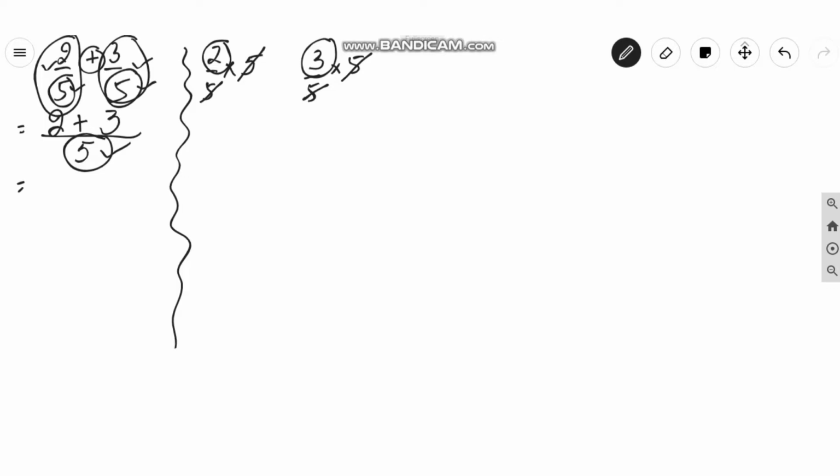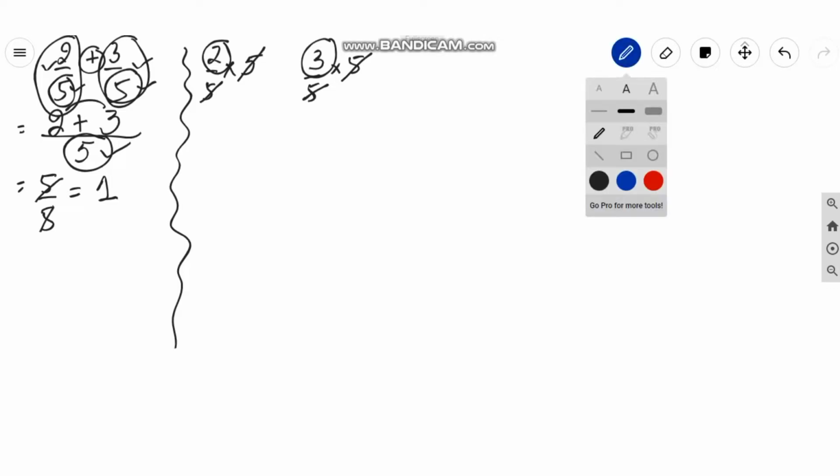Now you can easily add 2 and 3. It becomes 5 over 5. So our answer in the simplest form is 1. This was the example with the same number in the denominator. Let's consider a similar example.